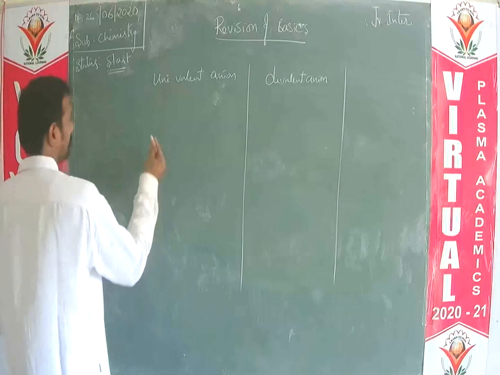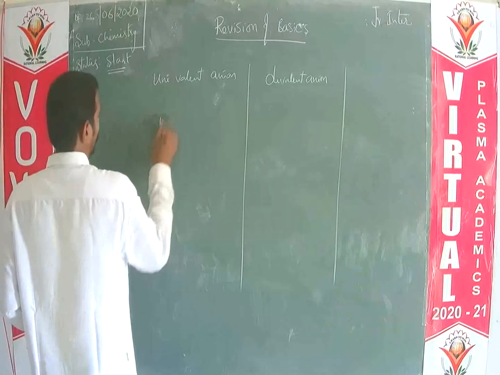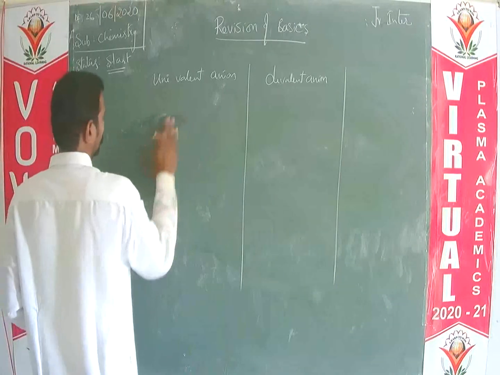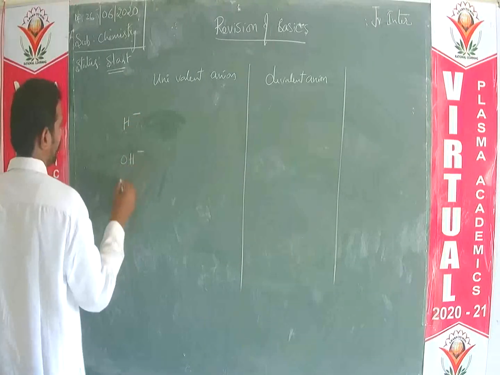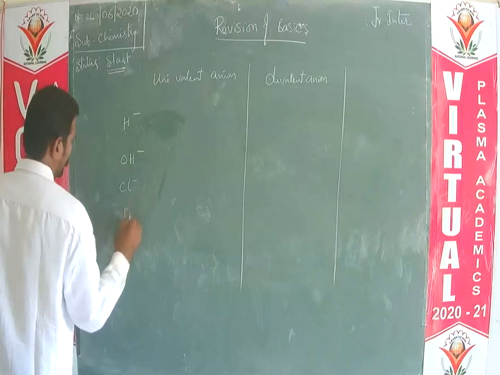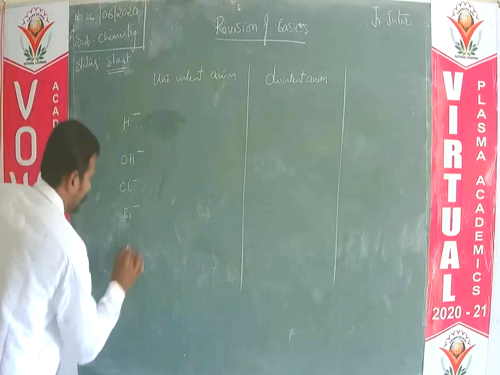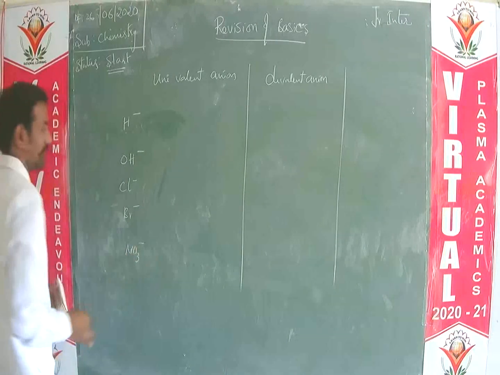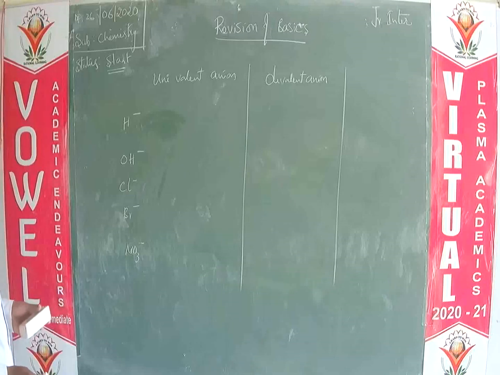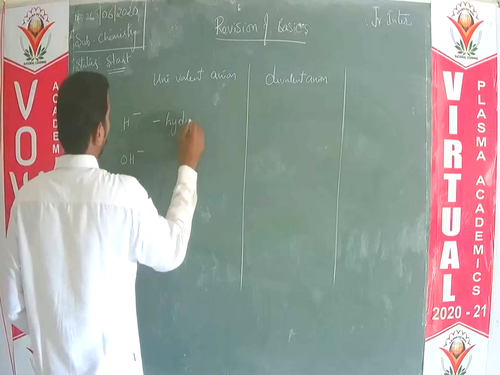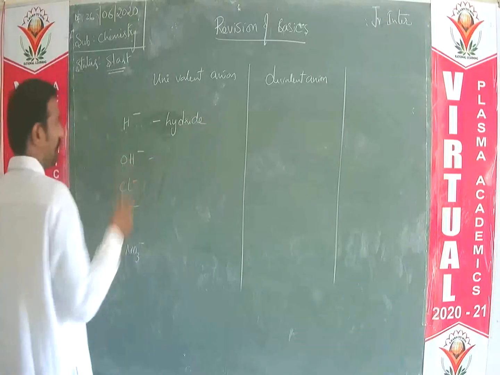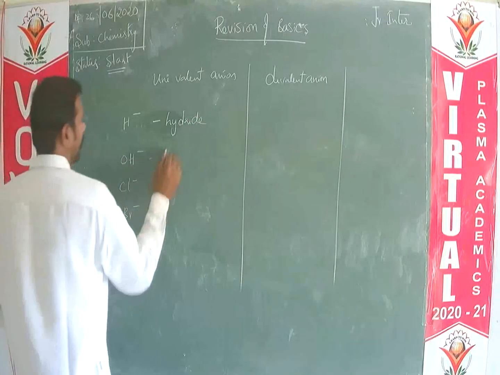H minus, OH minus, Cl minus, Br minus, NO3 minus. H minus is called hydride, OH minus is called hydroxide.